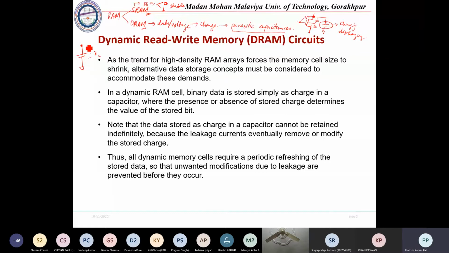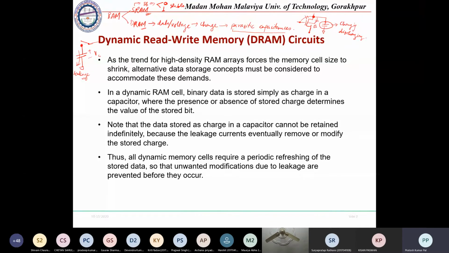suppose there is a switch and this switch is made off. Then whatever data is there on this capacitor will be stored there, but after some time this charge will reduce because of the leakage current.